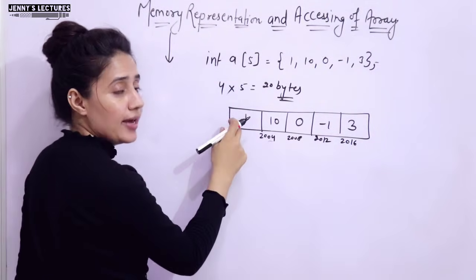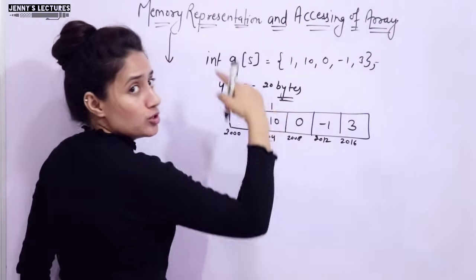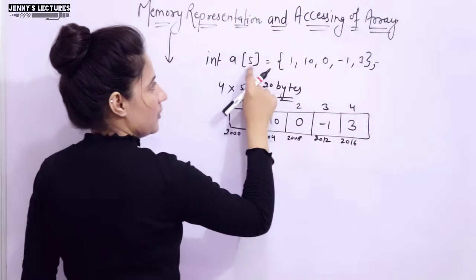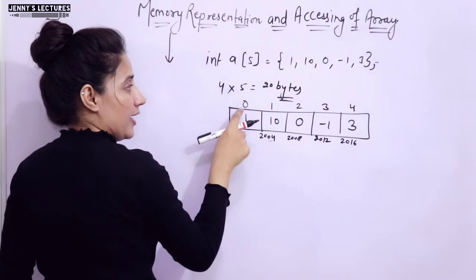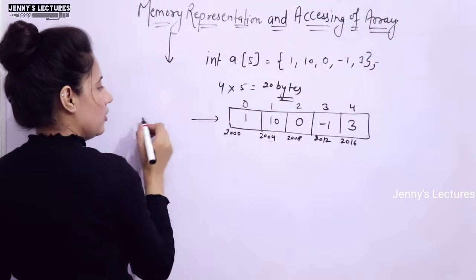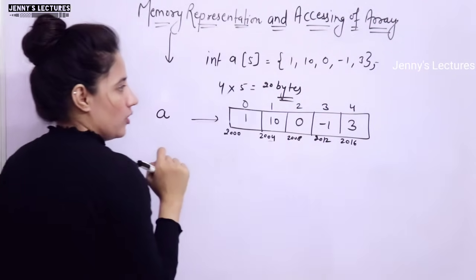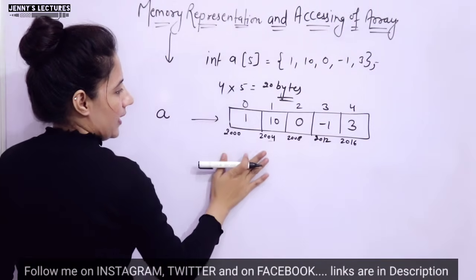And the index of the array would always start from 0 to size -1: 0, 1, 2, 3, and 4, size -1, that is 5 -1, which is 4. You have to remember this point also. The array index would always start from 0. The name of this array is A. This is how the memory would be allocated, this is the memory representation of this array.